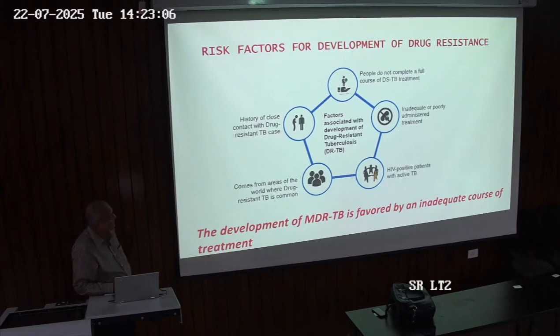Other factors include being an HIV-positive patient with active TB, or coming from an area of the world where drug-resistant TB is common, as I have told you, Russia, China and India, and a history of close contact with drug-resistant TB cases. So these are the factors, and the most important MDR TB factor is an inadequate course of treatment. People do not complete the course as advised. That's why this was replaced by directly observed therapy, DOT.